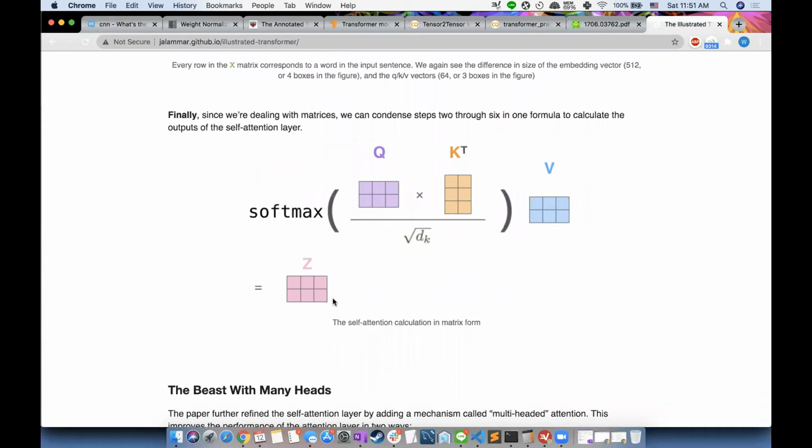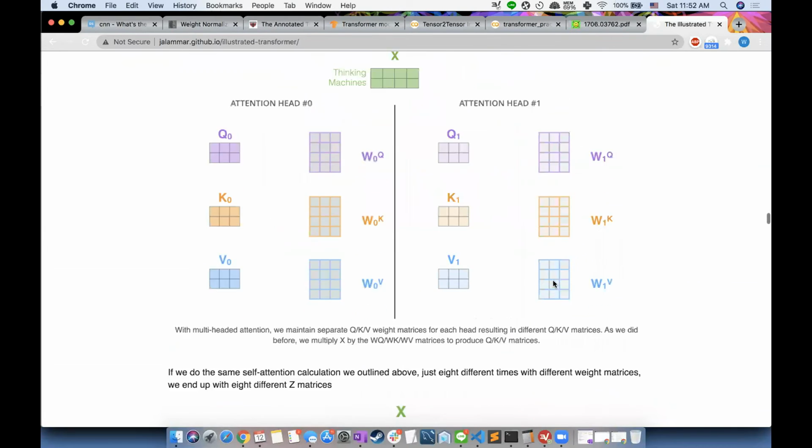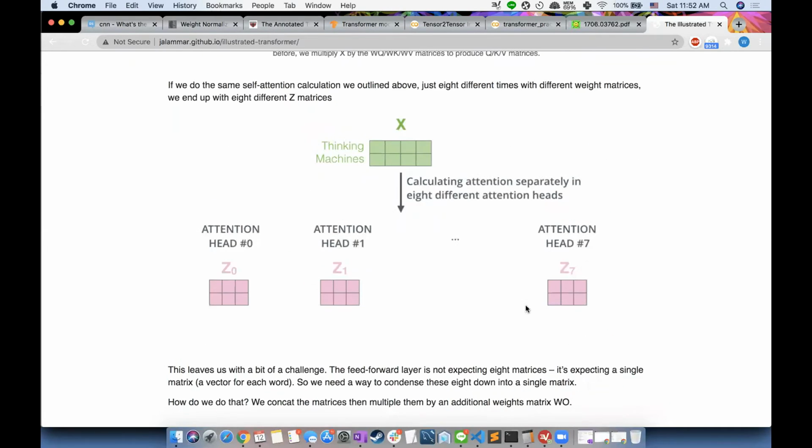But Z itself is not the final output, because Z will be fed into some other things. It will be concatenated together, because there are multiple attention heads.